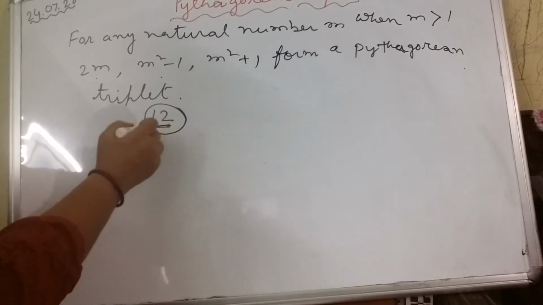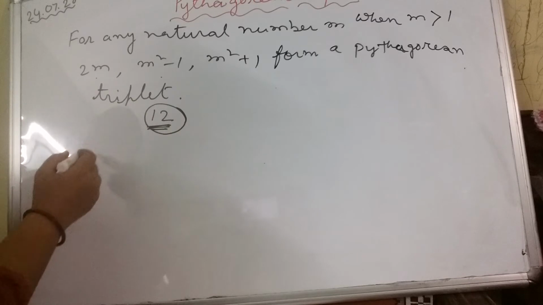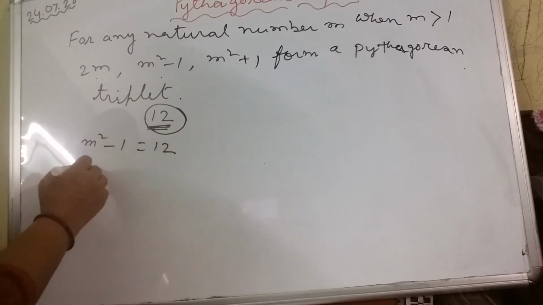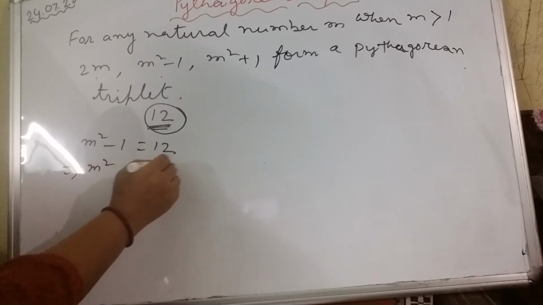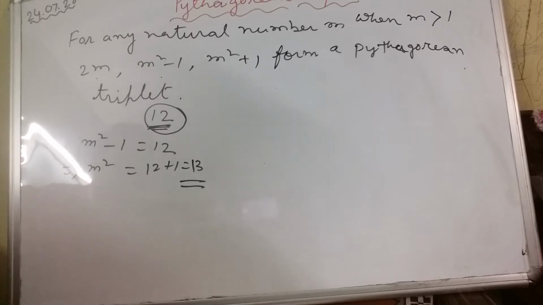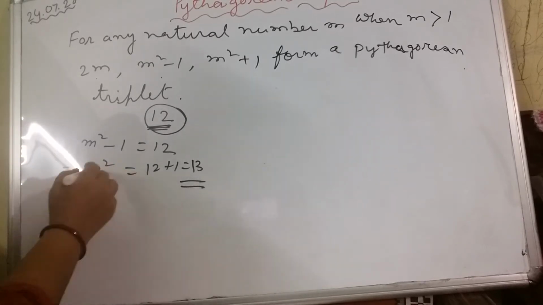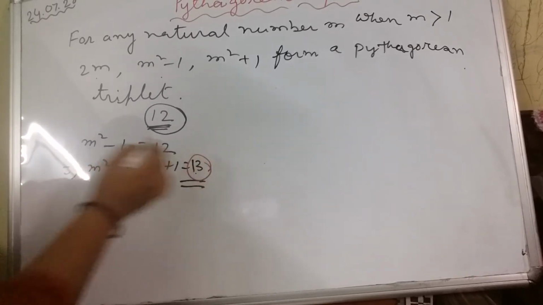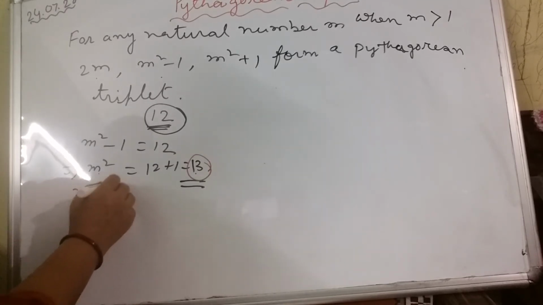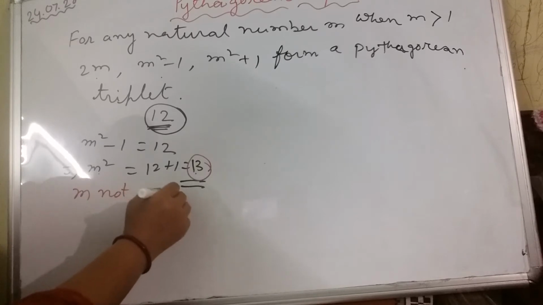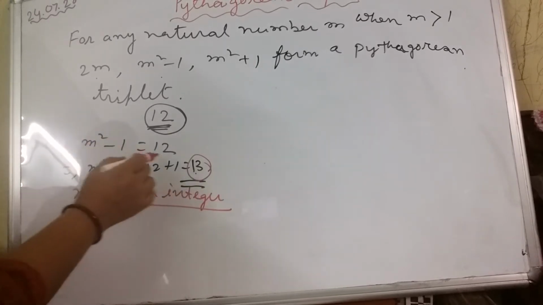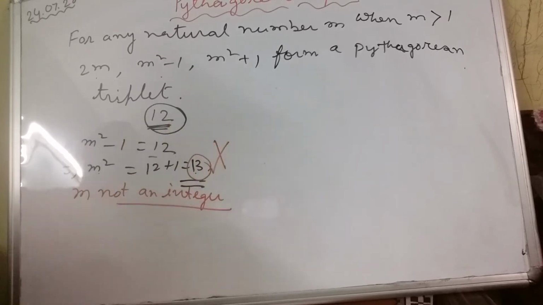Okay, so say m square minus 1 equals 12. So m square equals 12 plus 1, 13. If m square equals 13, as 13 is not a perfect square, m will not be an integer. Okay, so you cannot use m square minus 1.